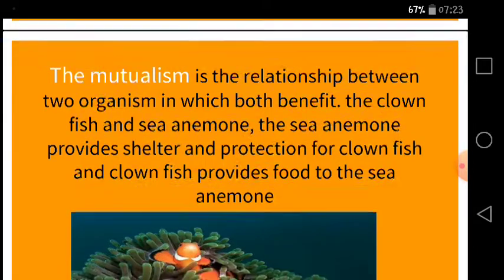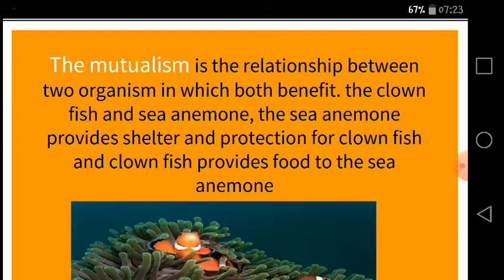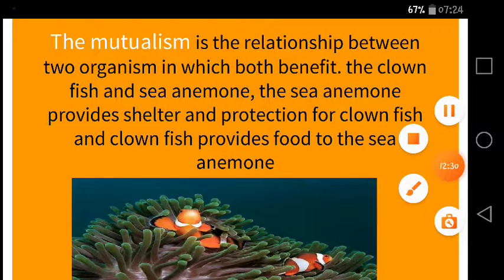Now we are moving towards a very important point, that is mutualism. The clownfish and the sea anemone, for example, benefit from each other by being together.